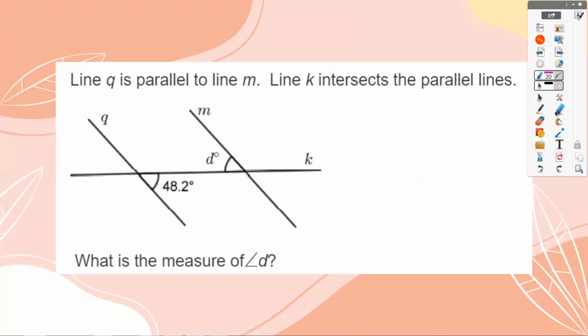Now, again, I would start by color coding. So if I said this one, well, I'm going to color code the vertical angle, which is here. And then if I looked at the other set of angles, like as a little cluster, where the 48.2 is, it's below my transversal and to the right of my parallel.